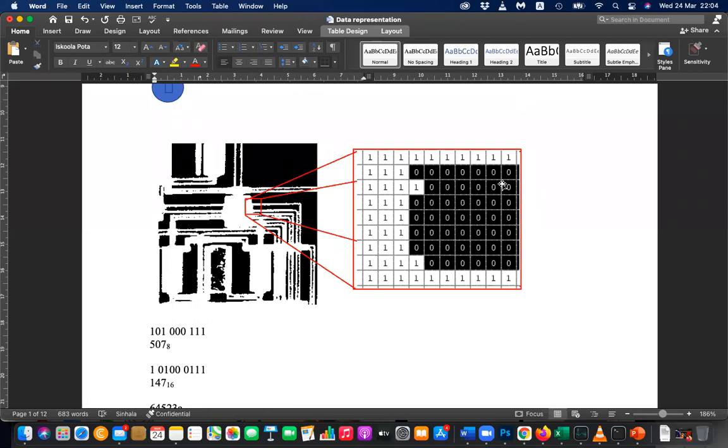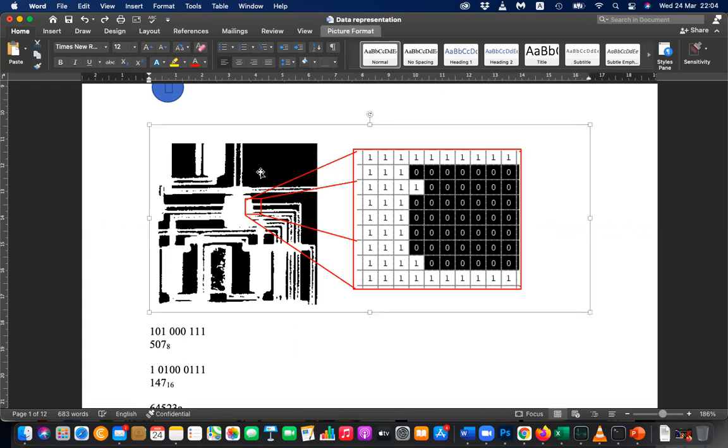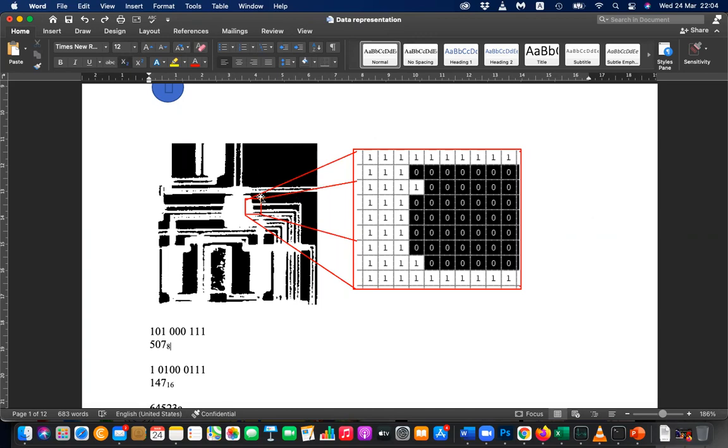Okay, carefully look at the image now. Actually, this image is represented using pure ones and zeros, or pure binary, right? So let's take a portion of this image and magnify it.